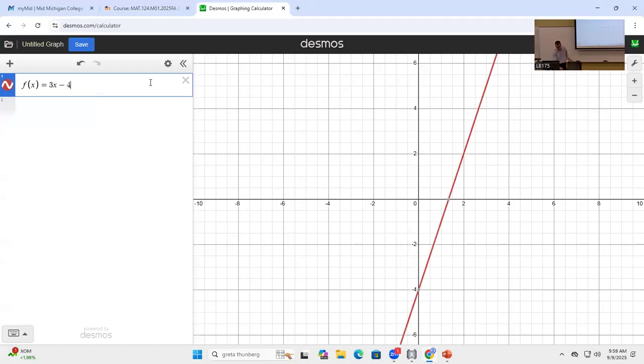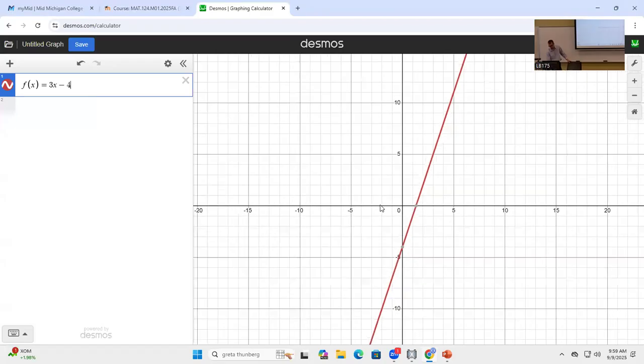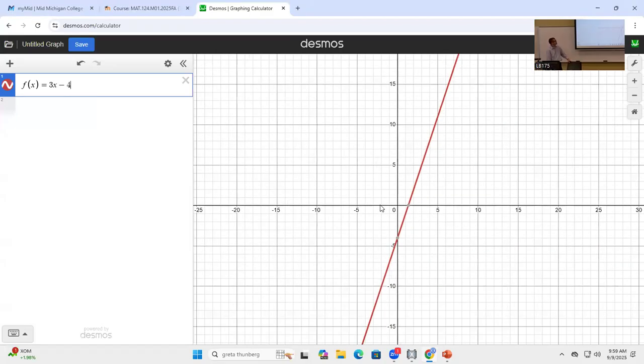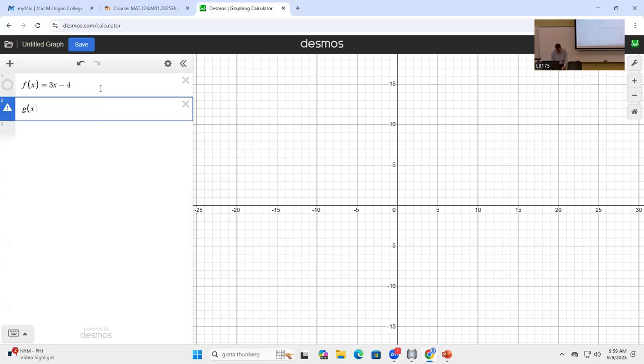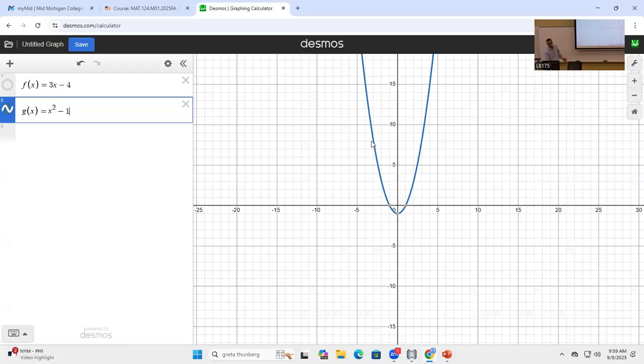3x minus 4 passes the vertical line test, so that's one-to-one. G of x equals x squared minus 1 passes the vertical line test, but not the horizontal line test.